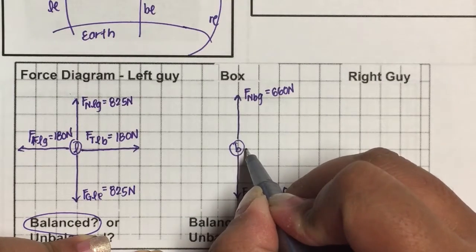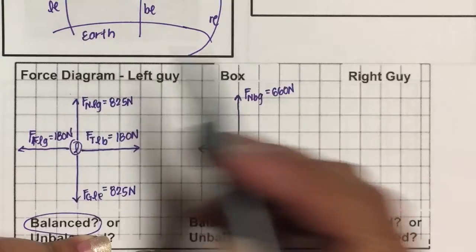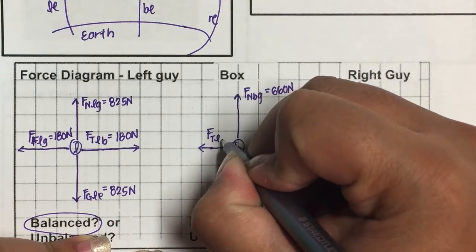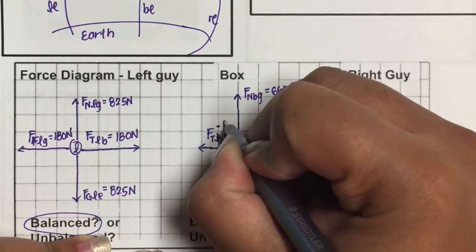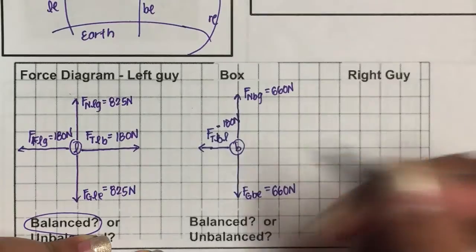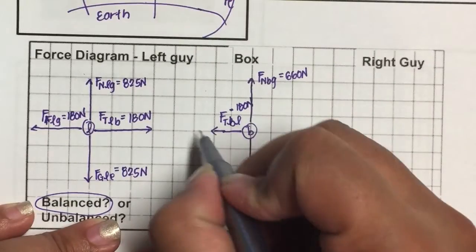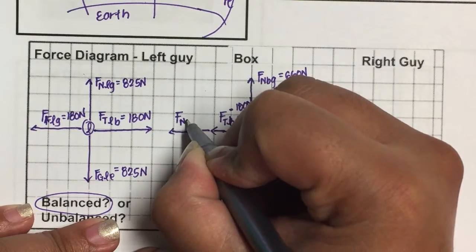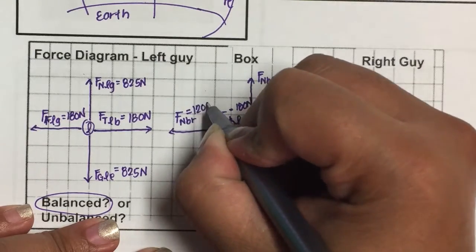The box is being pulled in this direction by the left guy. Box, left guy, and it's happening at 180 newtons. And the box is also being pushed in that same direction by the right guy. So pushed on the box by the right guy, and it's being pushed at 120 newtons.